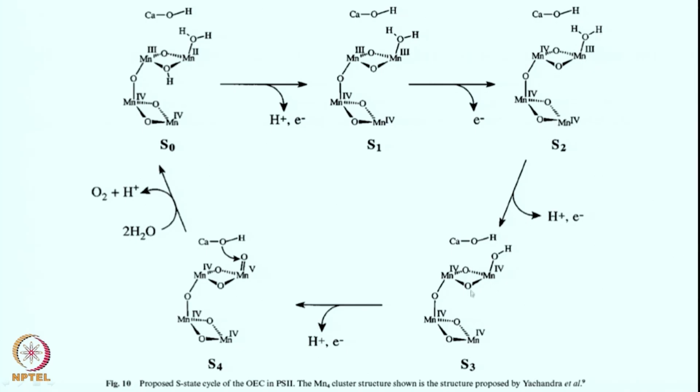So, this is where manganese 4 HO minus is there, and therefore, overall you see we started with manganese 3 manganese 2, then 3 3, then 3 4, then 4 4.